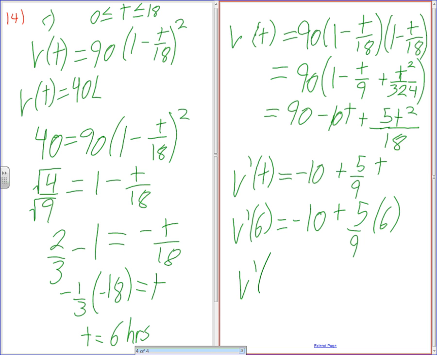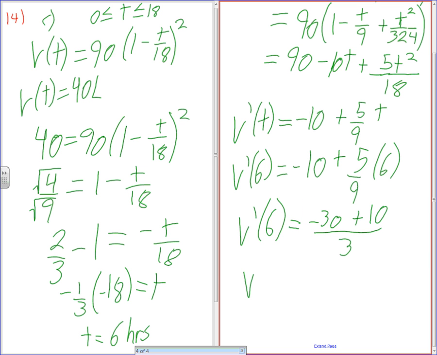V prime of 6 should be 90 over 18, the first bracket, so that would be 10 over 3. So 30 plus 10 over 3, negative 20 over 3 liters per hour squared.